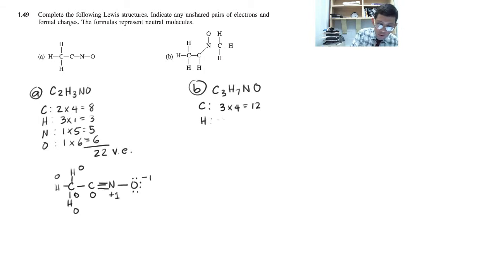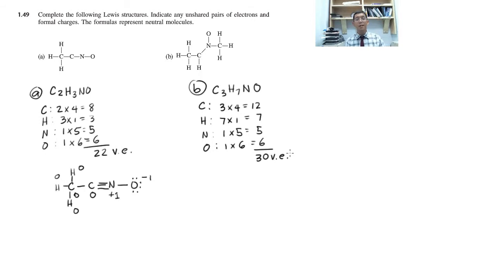Hydrogens, there are 7, each one is 1, so 7. Nitrogen, there's only 1, each one is 5. And then oxygen, there's only 1, and each oxygen is 6, so 6, 19, 24, 30. Our Lewis structure is going to have 30 valence electrons.